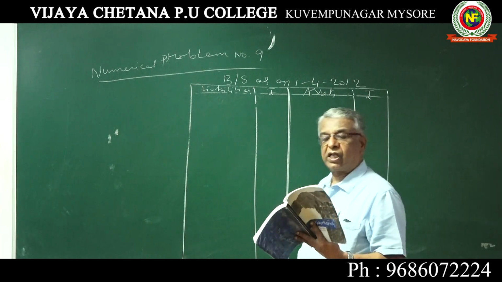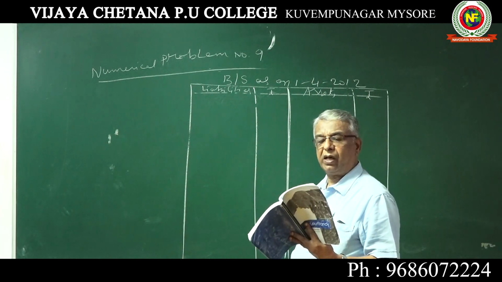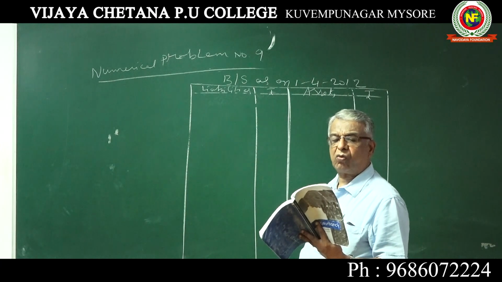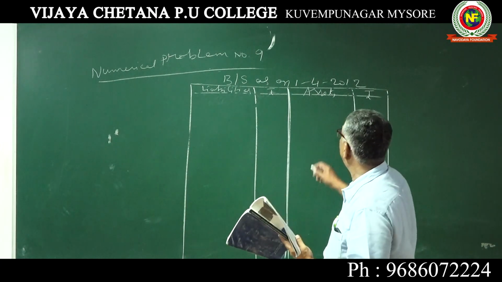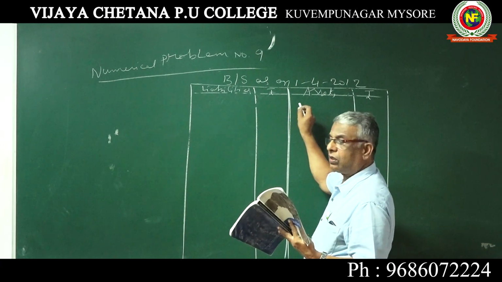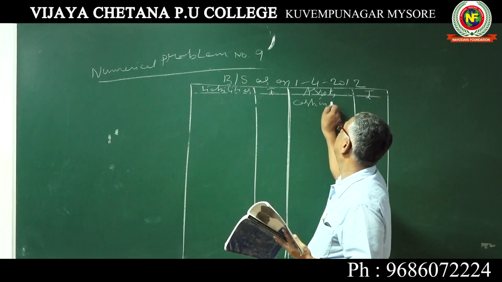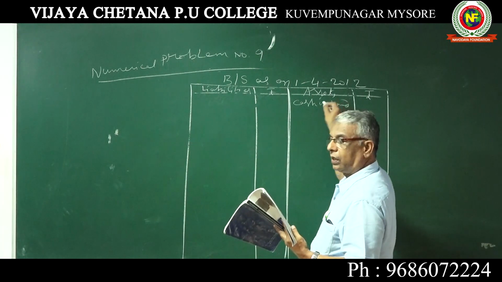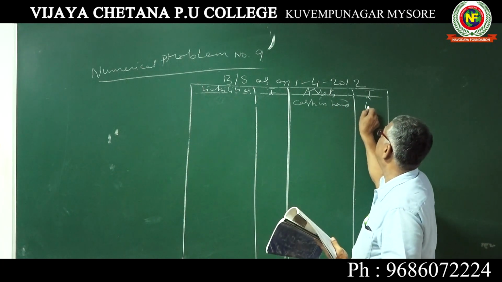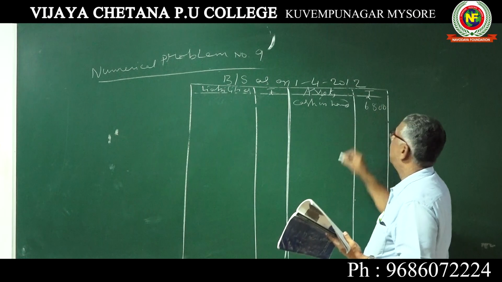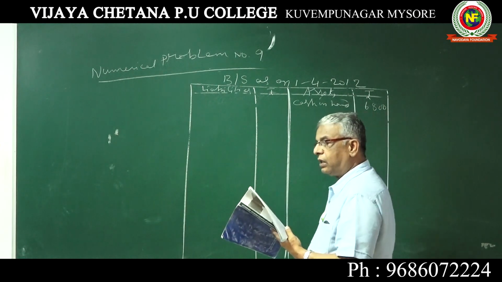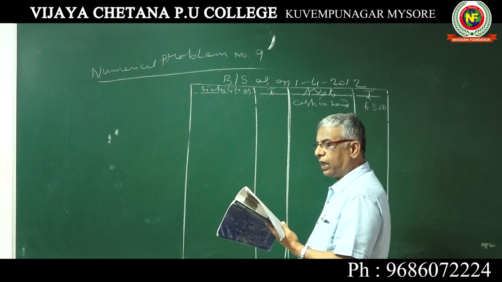So in the receipts and payments account, he has given the cash in hand as on 1/4/2012. You take this cash in hand, here he has given 6,800.